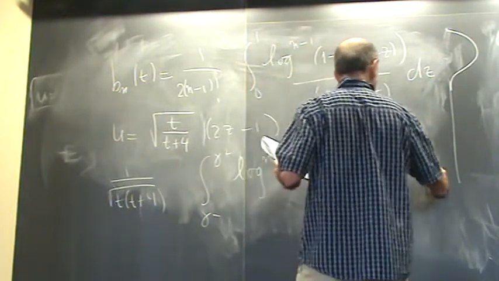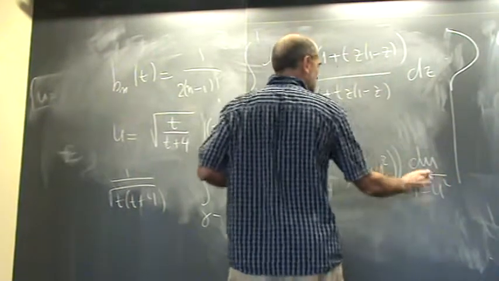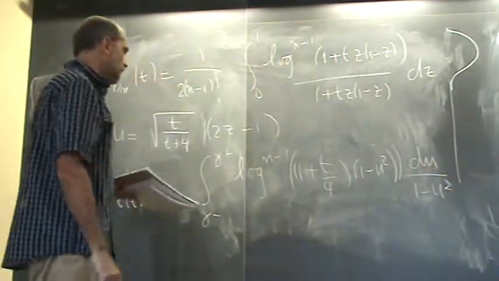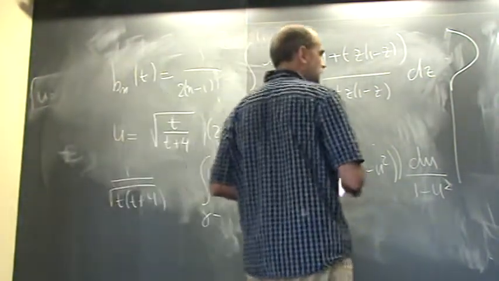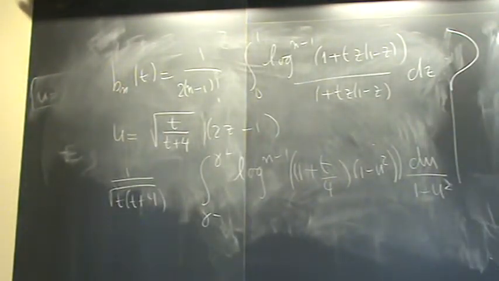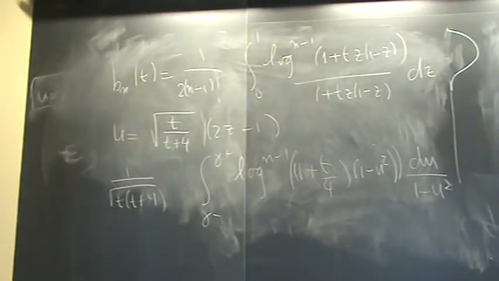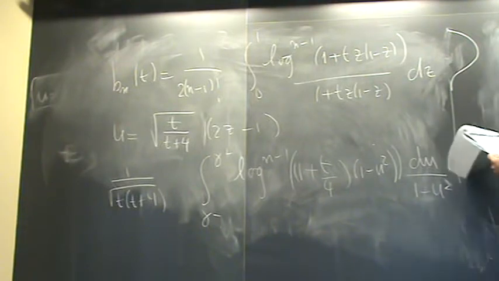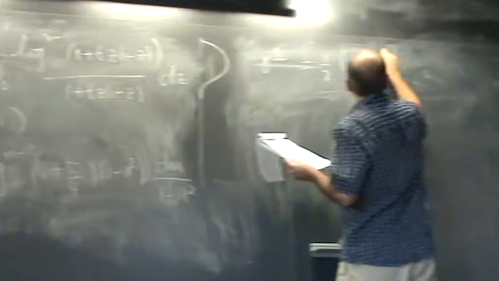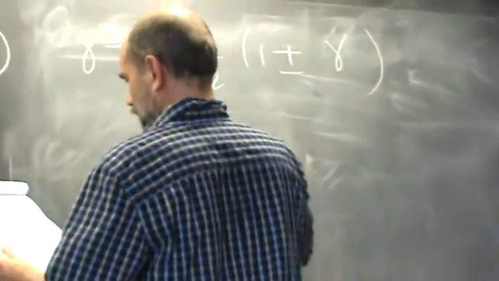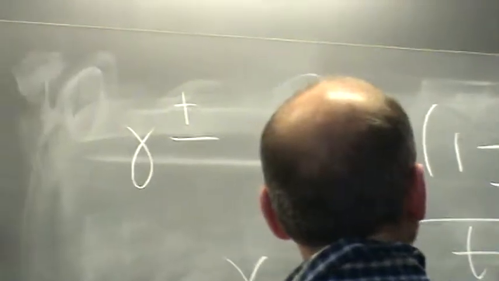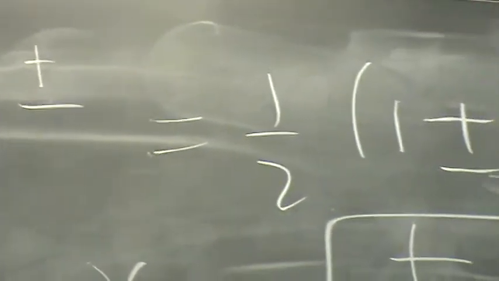I'm just changing variables so that my quadratic factor in here becomes a simple factor 1 minus u squared. Here gamma plus and gamma minus are the limits of the integration when you change variables: 1 plus or minus gamma, and gamma is, now you probably know what I meant by tinkering and number crunching and engineers.